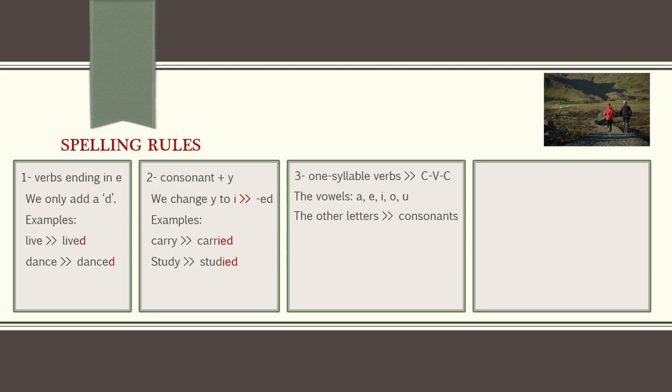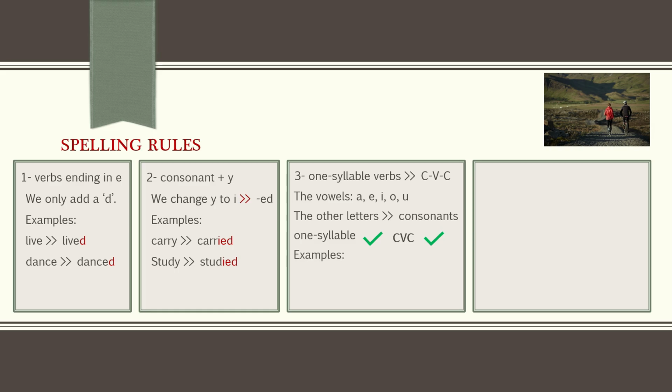Now, some verbs follow a special pattern called CVC, which stands for consonant, vowel, consonant. When a one-syllable verb ends with this CVC pattern, we double the final consonant before adding ed. This helps us form the correct past participle.